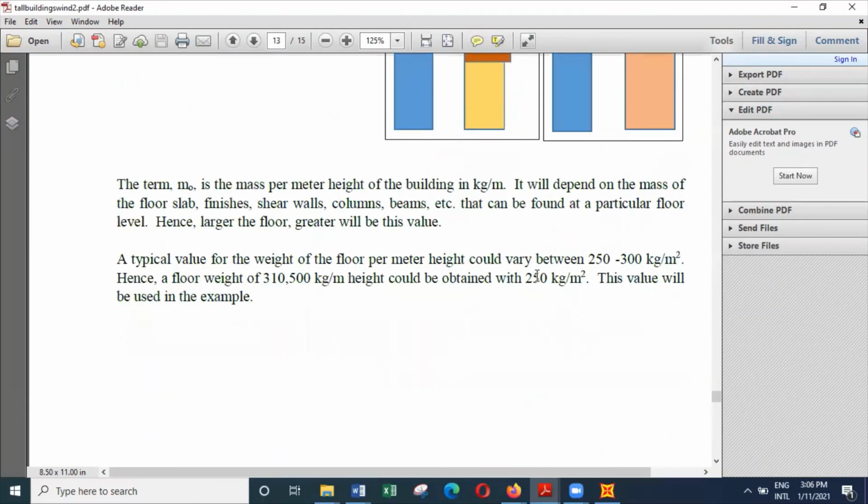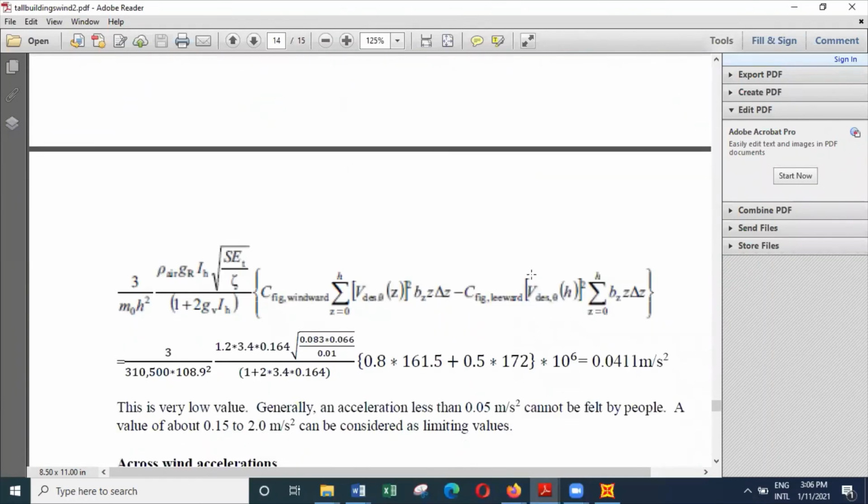Some of the values are dependent on the wind speed that I have not recalculated. But once you calculate those values, and once you calculate the base overturning moment by using the wind load on the structure, then you can work out the acceleration of the building.